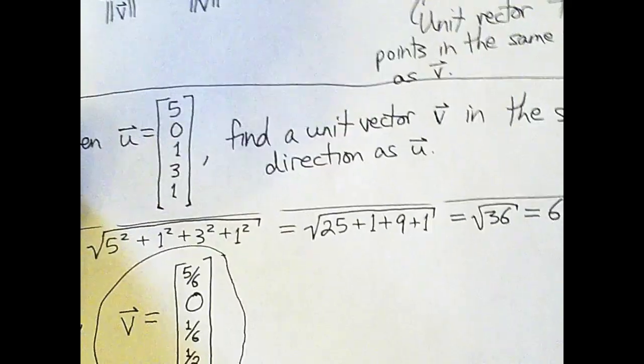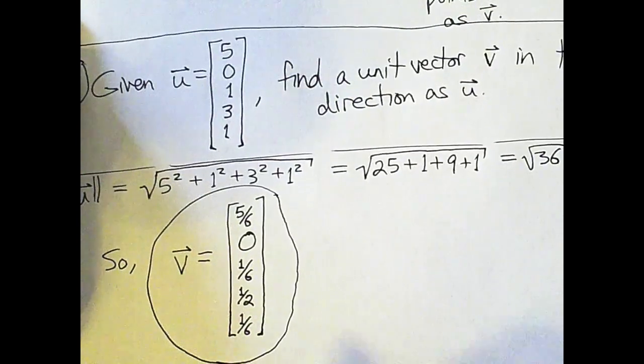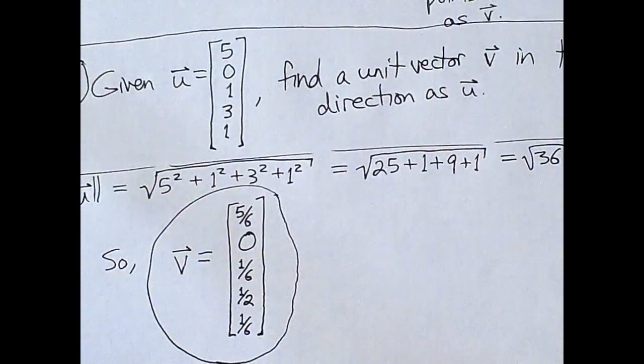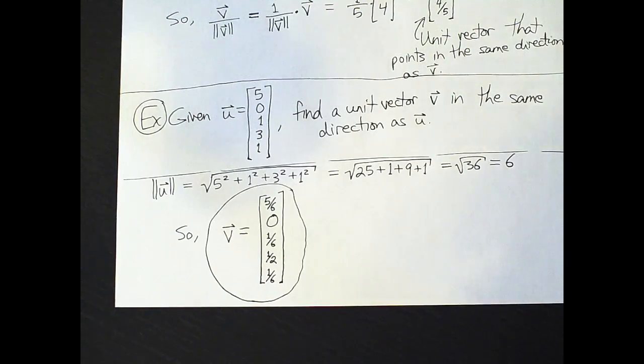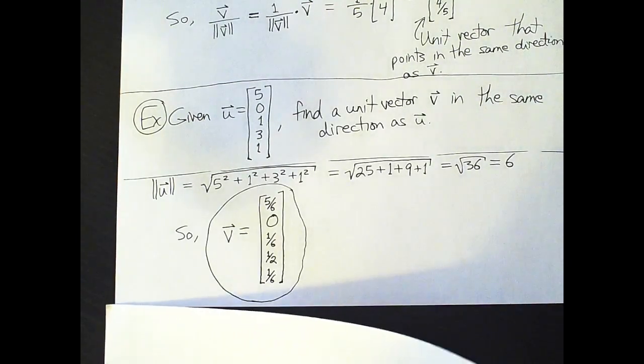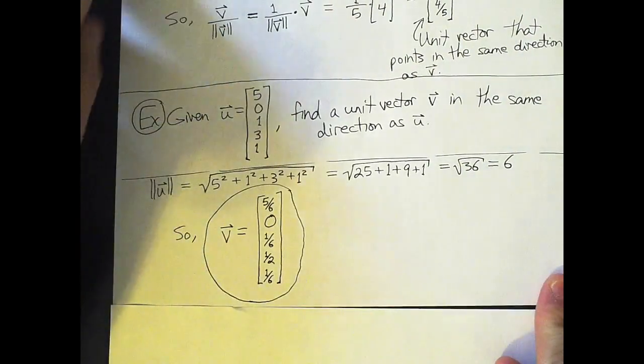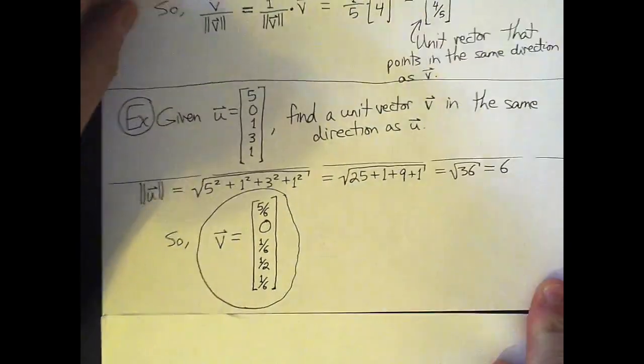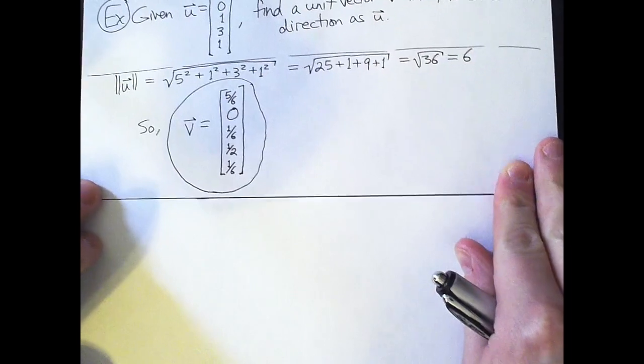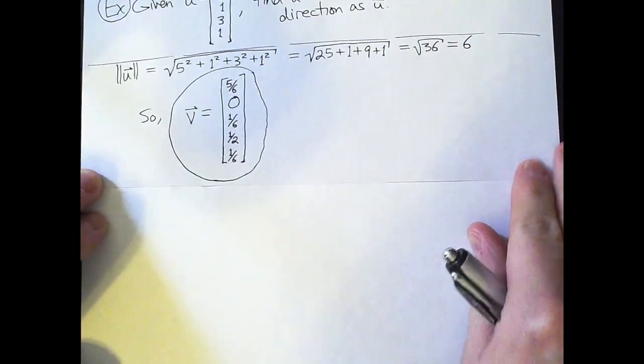Let me just zoom in on that just in case you can't see it. So we normalized u. That's what normalizing means. Now, I think that in our discussion of length over the past few minutes, I've used the word distance a few times. I think I've said it's the distance from the origin.